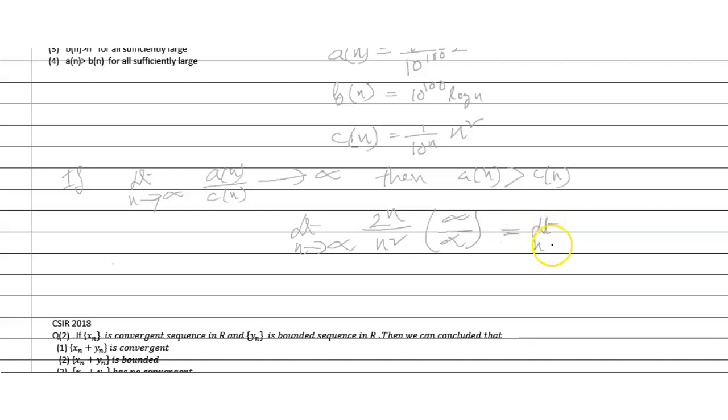Then whatever we get, limit n tends to infinity of 2 to the power n log 2 divided by 2. Here this portion is maximum, and this portion is minimum. So whatever we get, this tends to infinity.